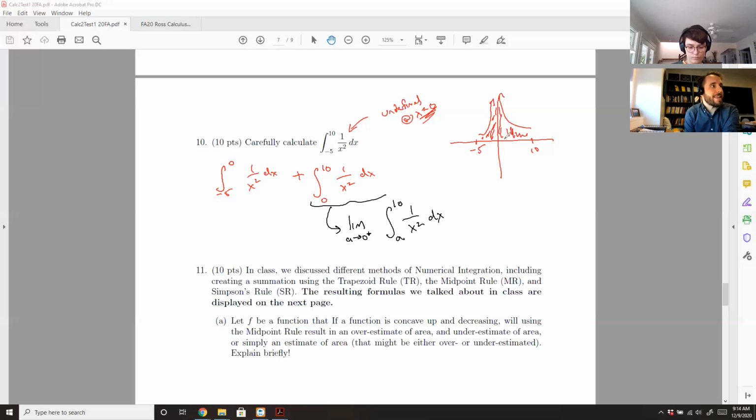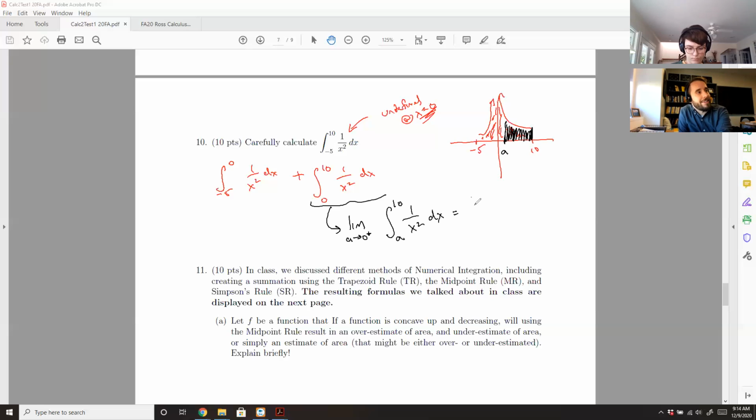Because if I take an a value, I can calculate this integral, no problem. I get an answer that depends on a, and then I let a go to 0 and see what I get.